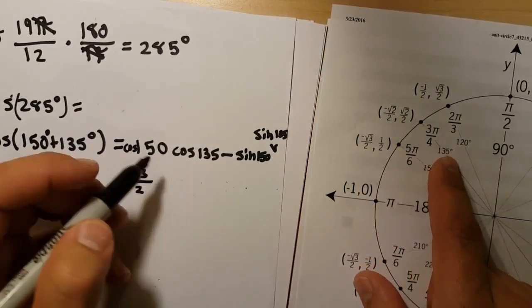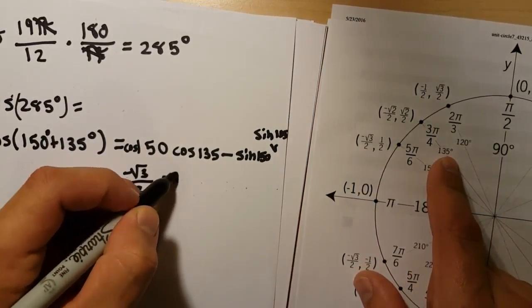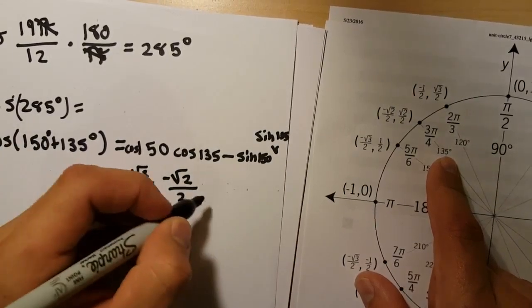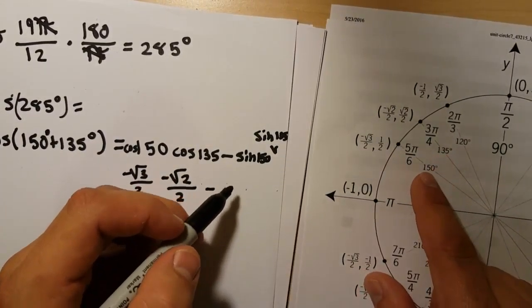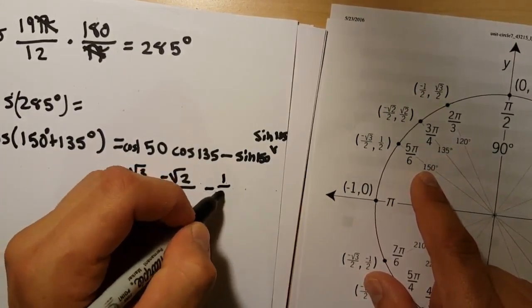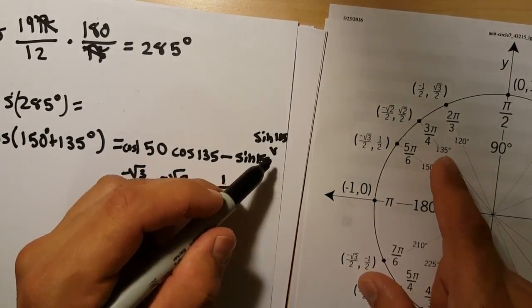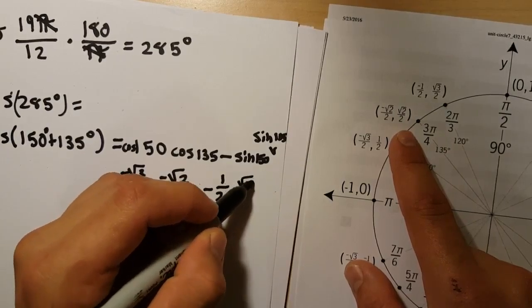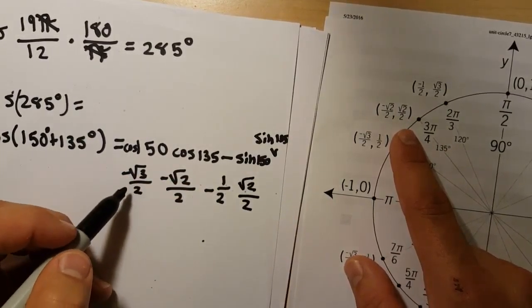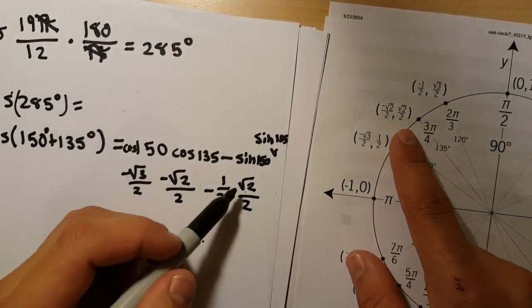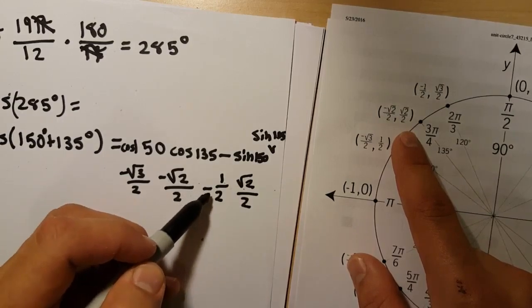Cosine of 135 is going to be negative root 2 over 2, subtracted by sine 150, which is going to be 1/2, and sine 135 is going to be root 2 over 2. So these are multiplied, and these are multiplied, and they're subtracted.